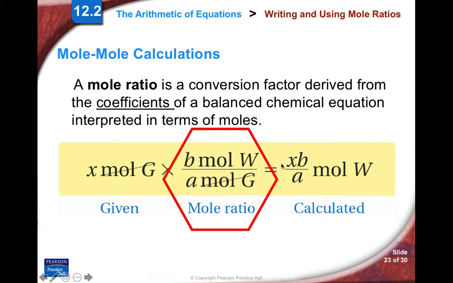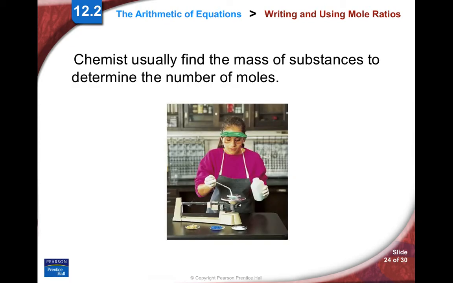And then that will tell you how many moles of your wanted substance you can make. So they combine the X and the B divided by A. And you can do that if you want, but it's not necessary. Again, I like to say asked for instead of wanted.